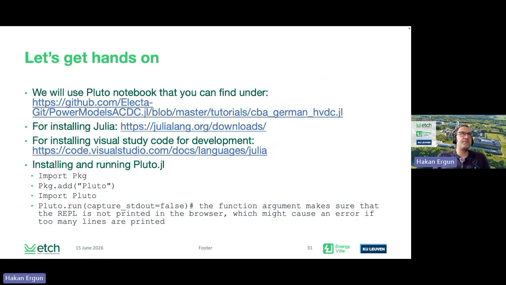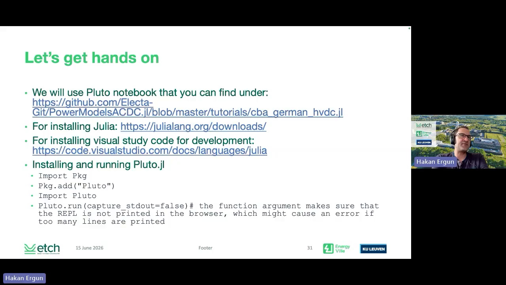And before going to the hands-on tutorial, we will use a Pluto notebook that you can also find under the given link here. So I have uploaded it this morning to the repository of PowerModelsACDC. PowerModelsACDC in itself is written in Julia. So for being able to use that tool, you will have to install Julia, for which you can also find the download instructions here.